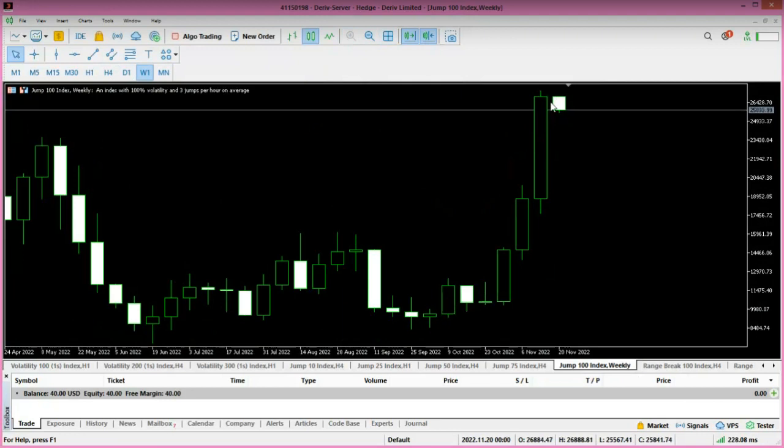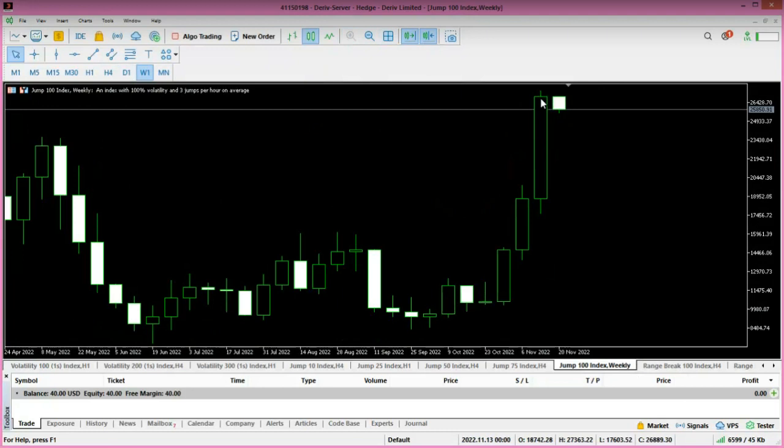So we always analyze according to the previous candlestick, because that's just how trading is. We cannot predict the future exactly, but what we can do is analyze what has already happened and start to predict what will happen next.